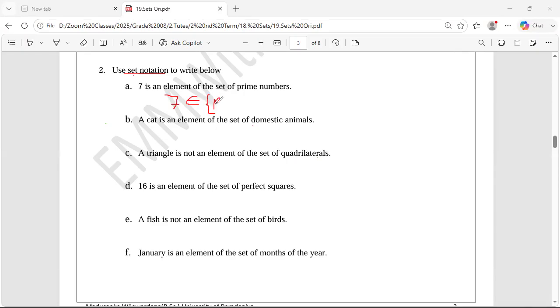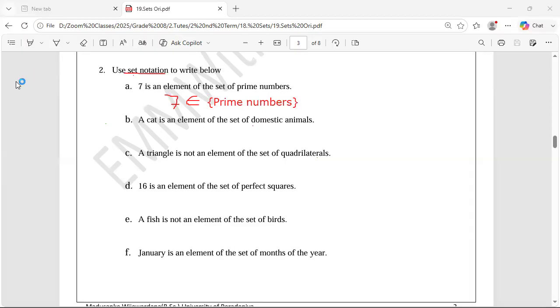Of prime numbers, I will use this. This is how we are going to do this. Open curly bracket, close curly bracket. Prime numbers. And we are going to do the second one. The cat is an element of the set of domestic animals, right?